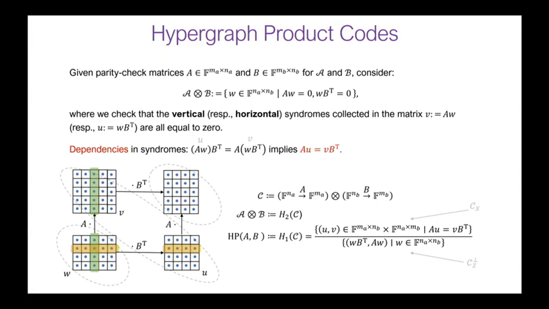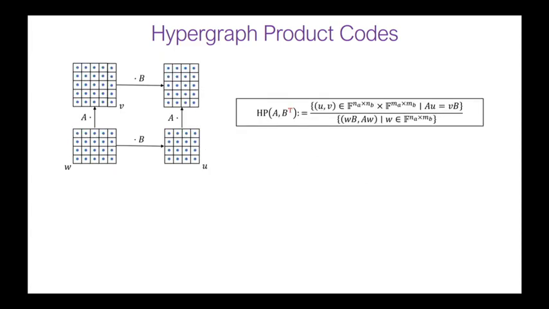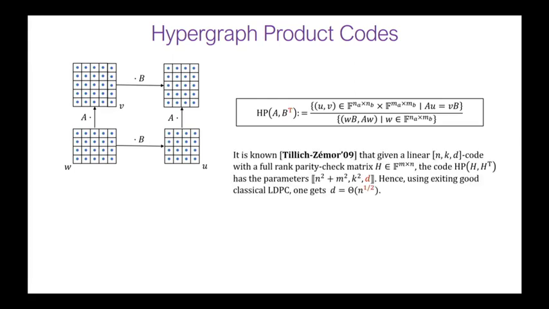But why did I choose this different form? So let me explain. This is because when we study hypergraph product codes, we are mostly interested in the case when the second matrix is transposed. And in this case, you can see that we have a very simple and elegant description of hypergraph product codes, which is much easier to study.